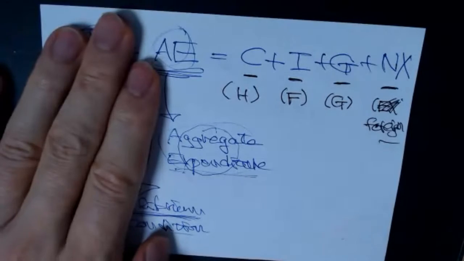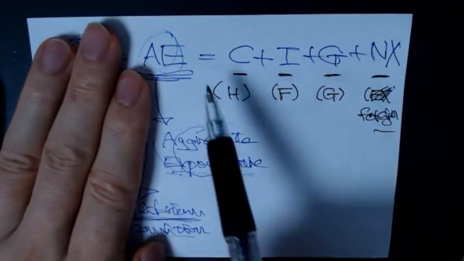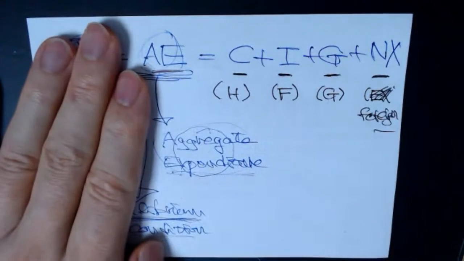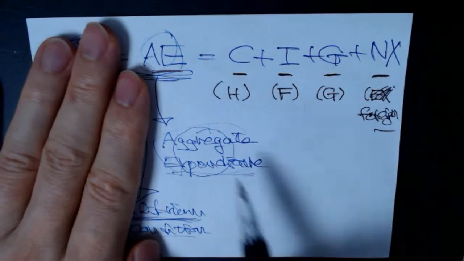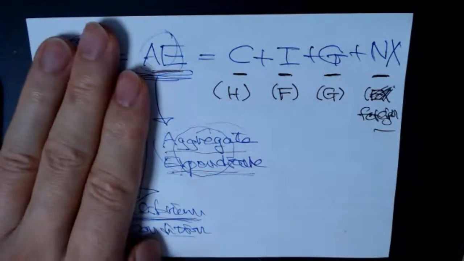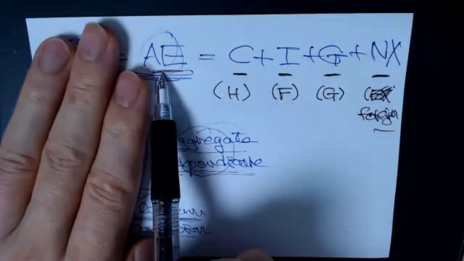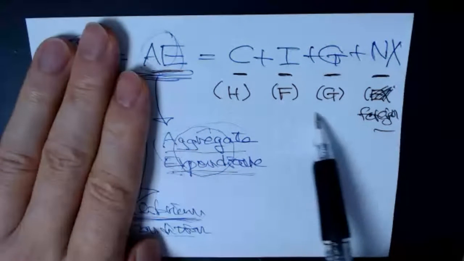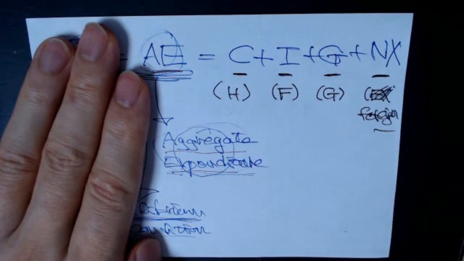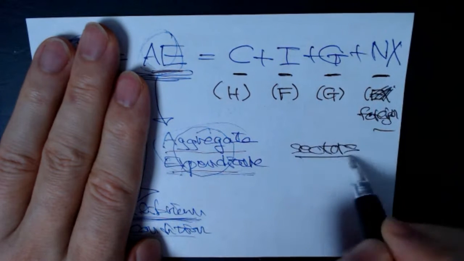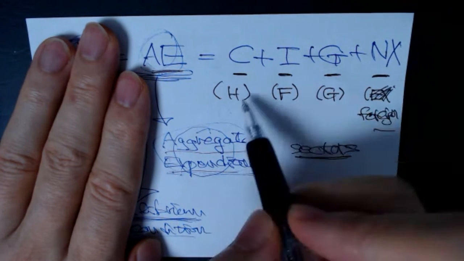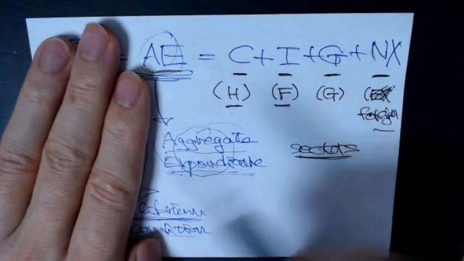So the second part of the equation tells us that we call total expenditure, total purchase in the economy, aggregate expenditure. And we want to know how to calculate it. So we're going to sum all of these purchases from different sectors. In the two sectors, we have households and firms.